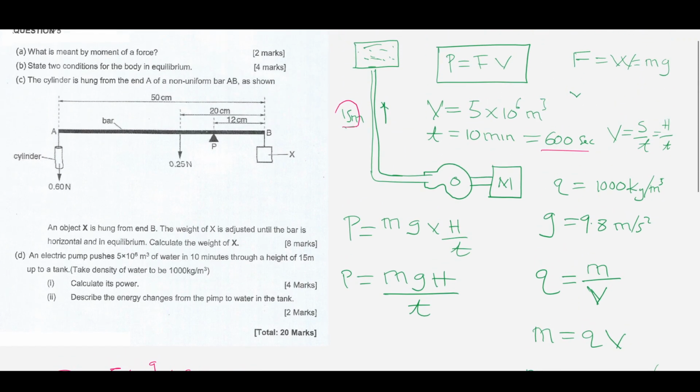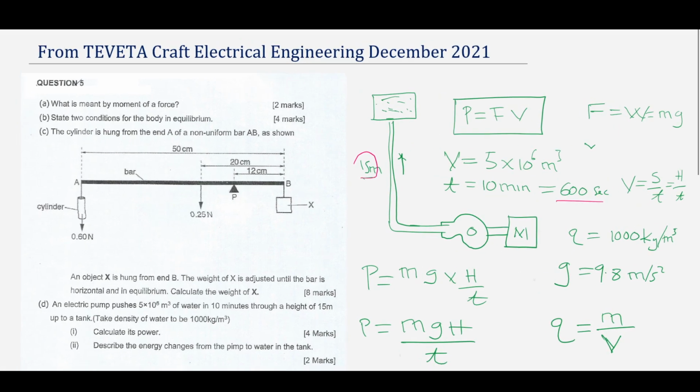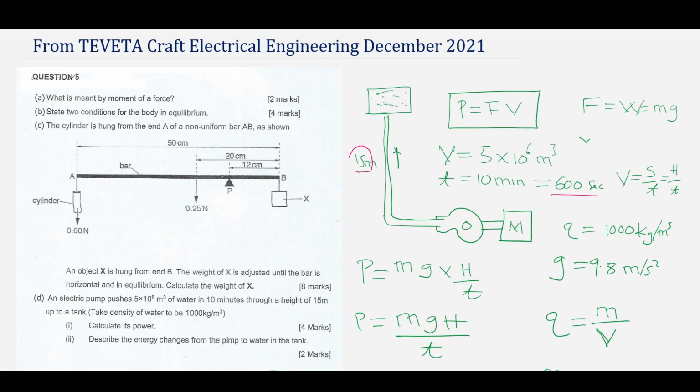And then the last part says describe the energy changes from the pump to the water. Okay, so here we know that the pump is powered by an electric motor. It is coupled to an electric motor. So from here we know that this is electrical, and then at this point where the pump is, we have mechanical.